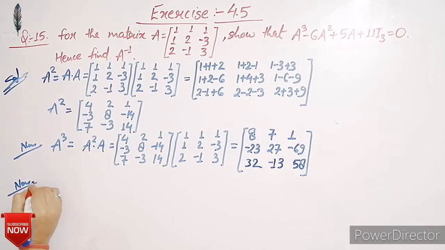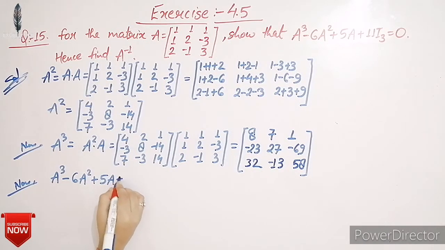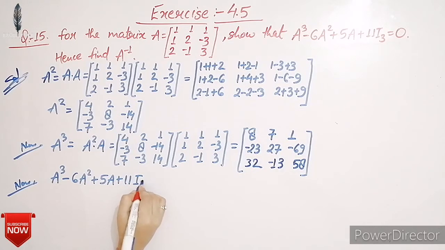Now, A cube minus 6A square plus 5A plus 11 I3, as given in the question.